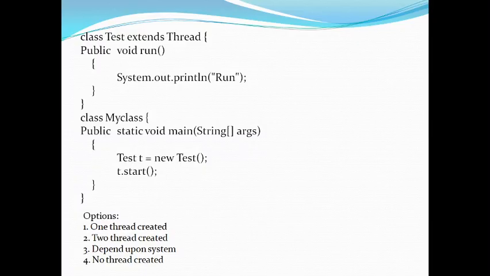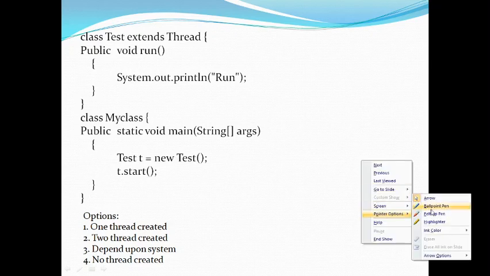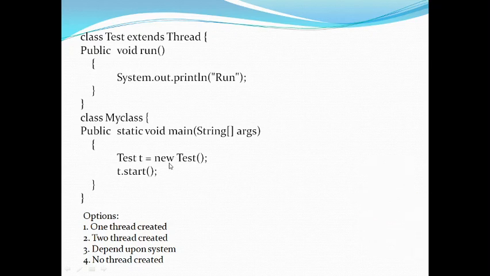See this. By seeing this question, can you guess what the output of this program is? Here I will just explain, then you can guess what the output may be. What we are doing here is, I have a test class which is extending Thread, and it is also providing the body for the run method.